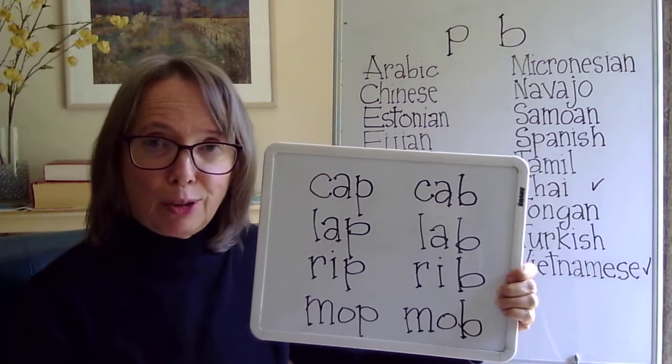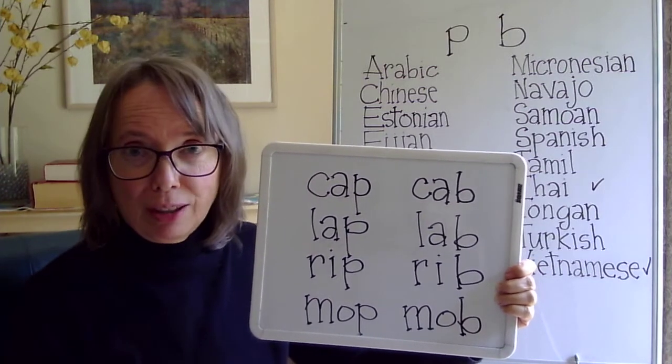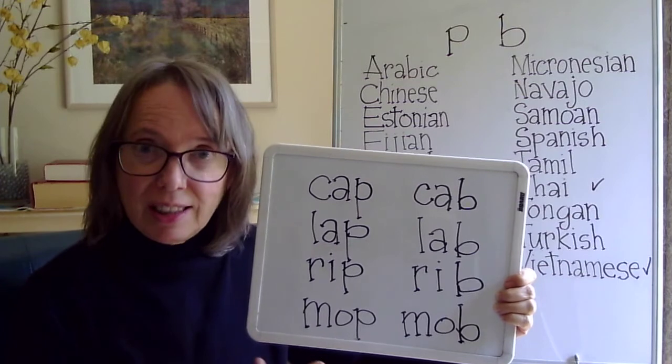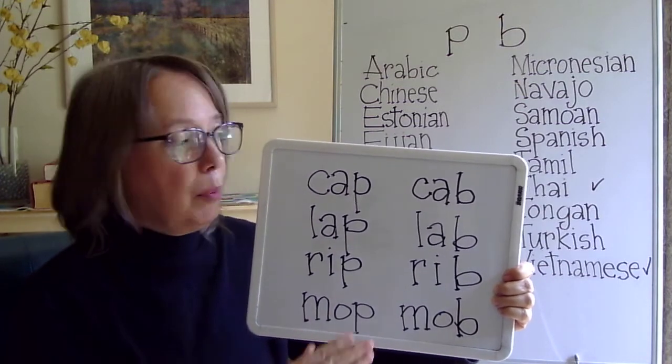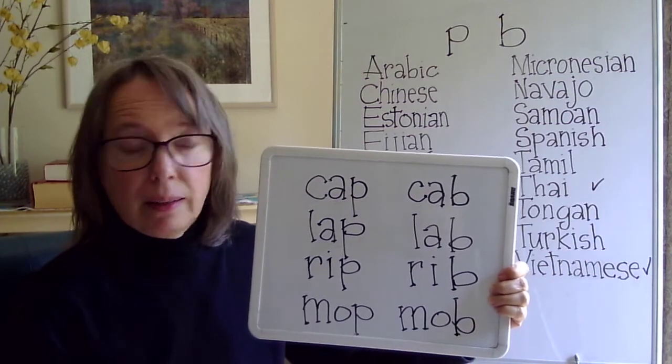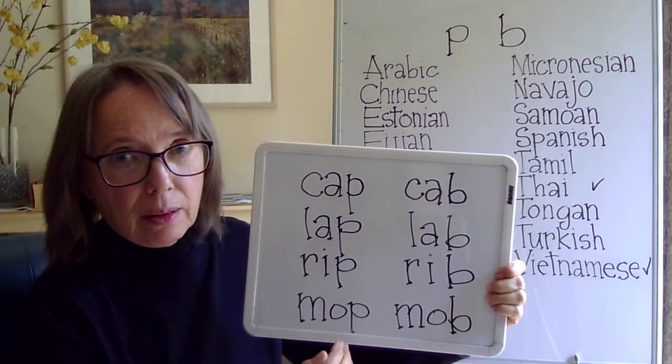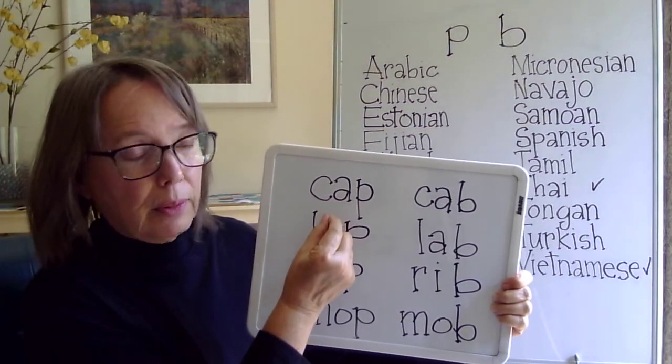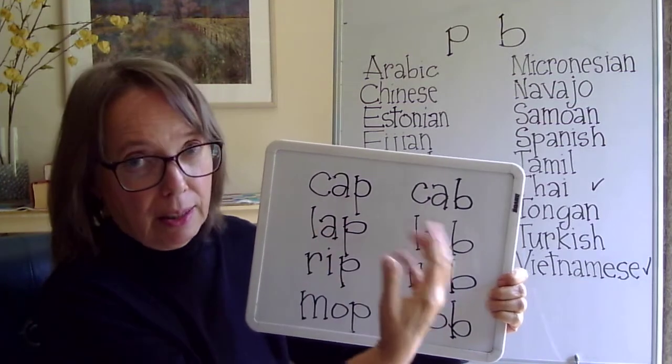English has short and long vowels. This is different because both of these are the same vowel. But before the P's, this is going to be shorter. And before the B, it's going to be longer.